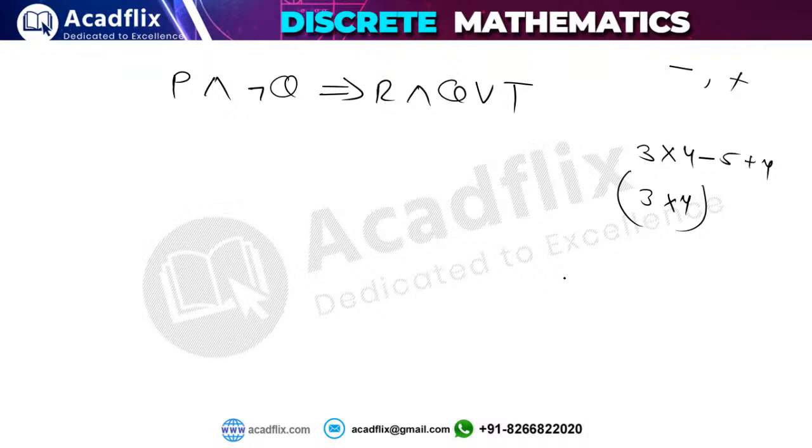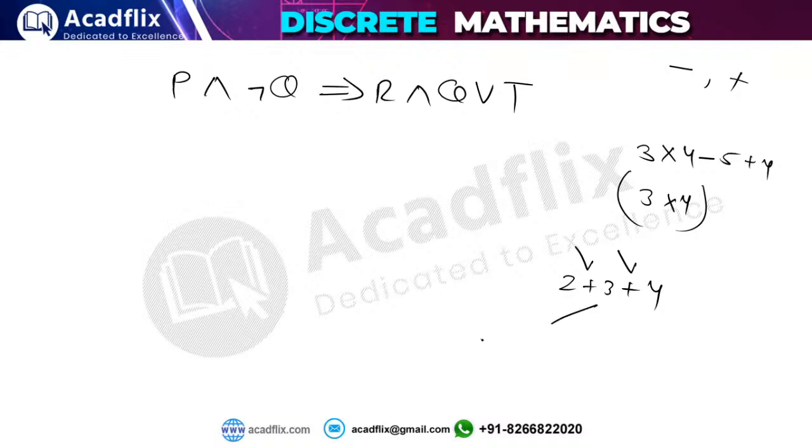Whenever two things have equal priority, for example 2 plus 3 plus 4, we see something called associativity. Associativity says that whenever two things have equal priority, do it from left to right or from right to left.